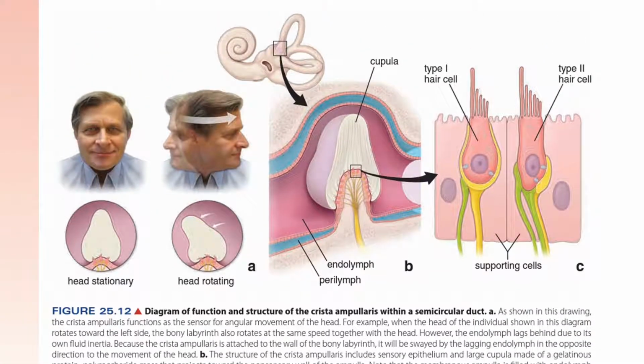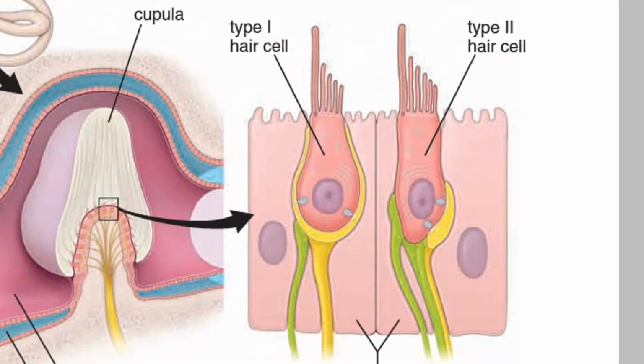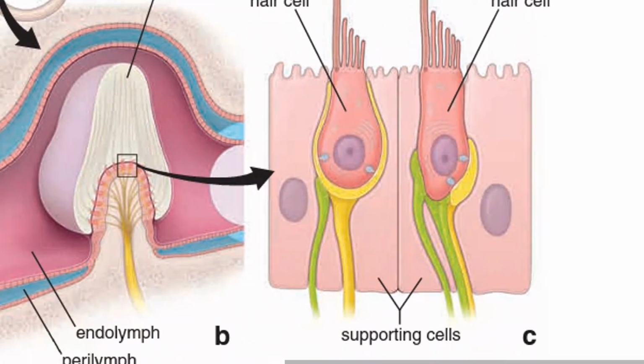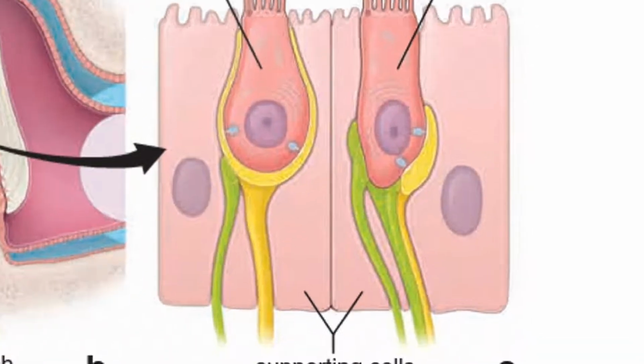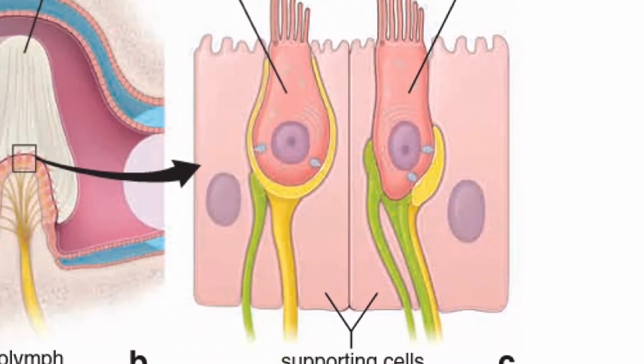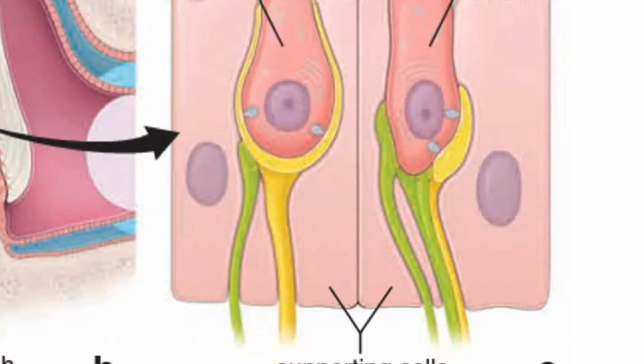And now we know, this is the cupula they are showing, and they are showing type 1 and type 2 hair cells. We discussed in the previous lecture that this yellow color cell is the primary sensory neuron or the afferent neuron, and this green color cell is the efferent neuron. So the synapse, connection and nerve formation we have already discussed.